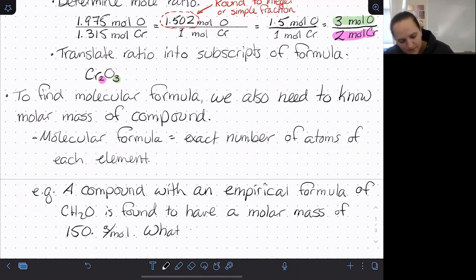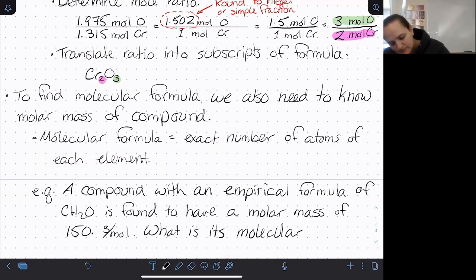That is enough information to determine its molecular formula.